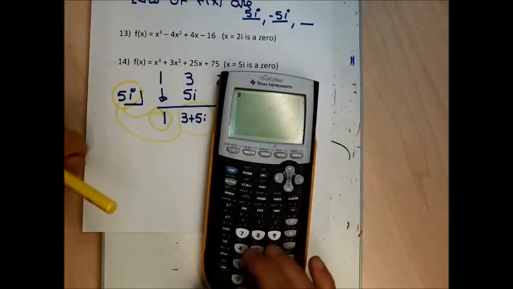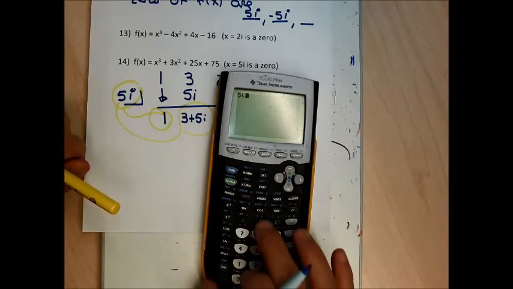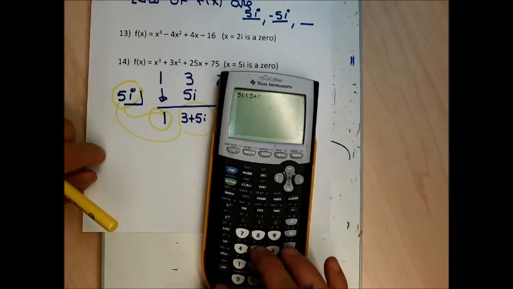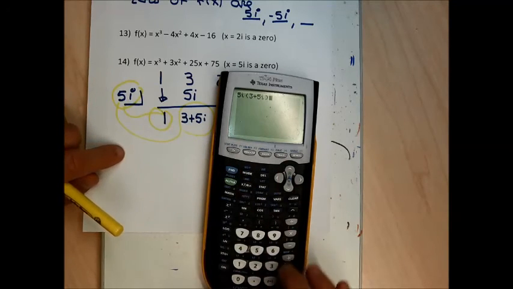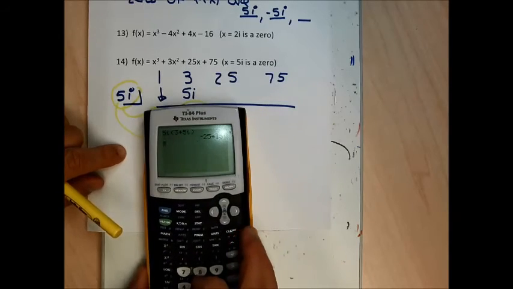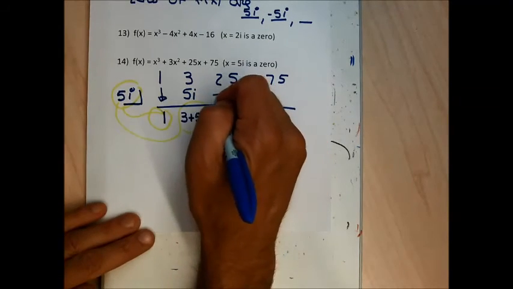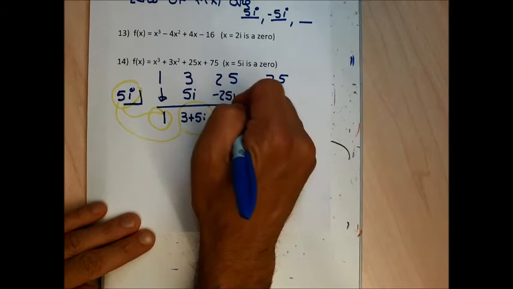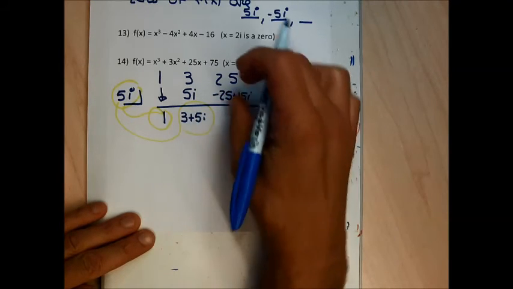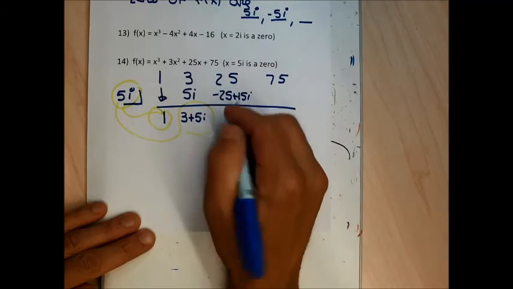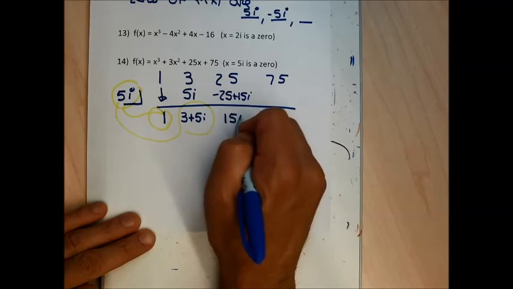Doing that on my calculator, the multiplication of 5i times (3 plus 5i) is going to equal negative 25 plus 15i. So under the 25, I'm going to write negative 25 plus 15i. The 25s are going to cancel. I'm going to bring the 15i down.